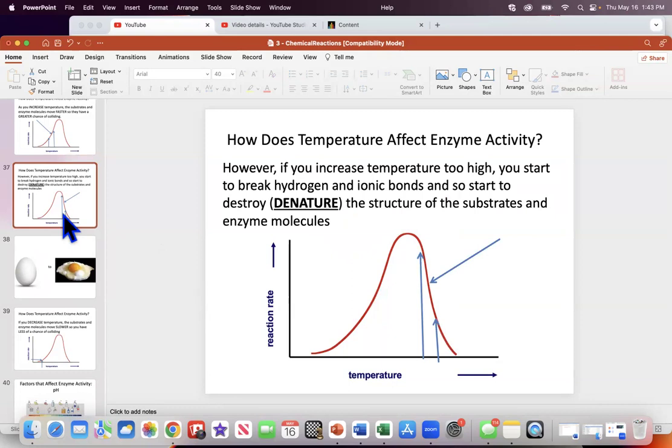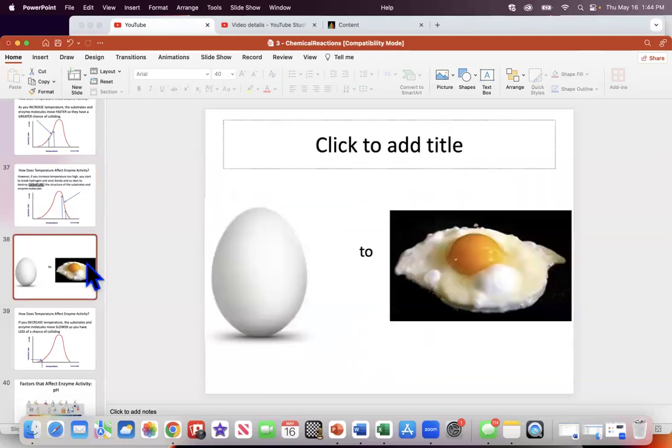So when the temperature is too high, you can actually denature the protein. This word denature means to change the protein's 3D structure, so it won't work. And a good example is this.